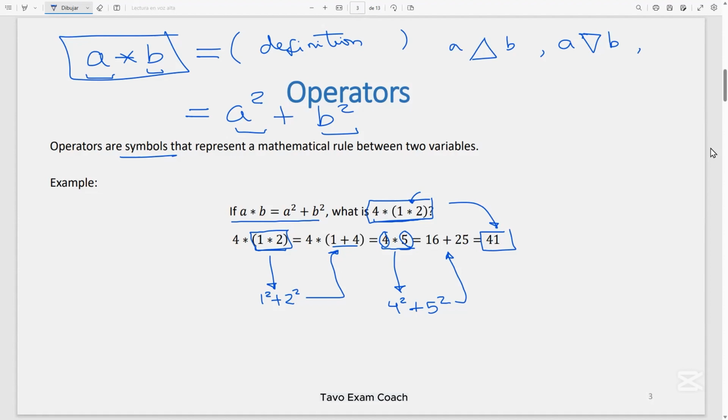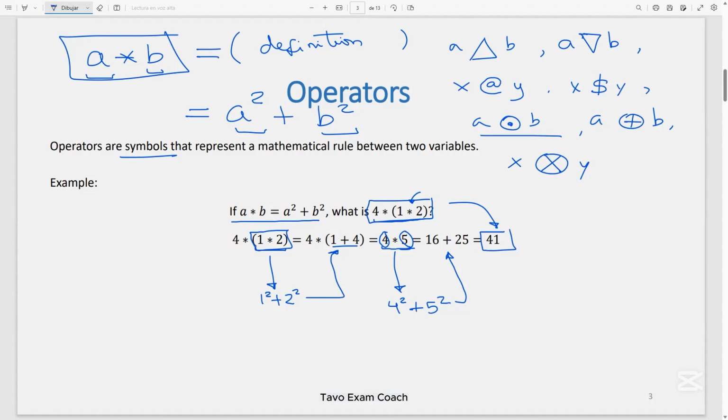For example, it's very common to see the add symbol, or perhaps the dollar symbol. It might mean something. Or perhaps a symbol that is like a circle with a dot within, a custom operation. Another possibility is a circle with a cross within, or perhaps a circle with an X shape within, and so on. There are many others.